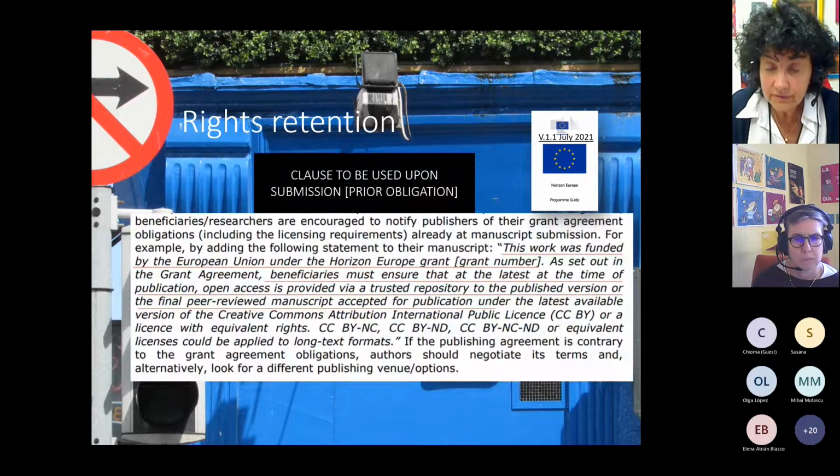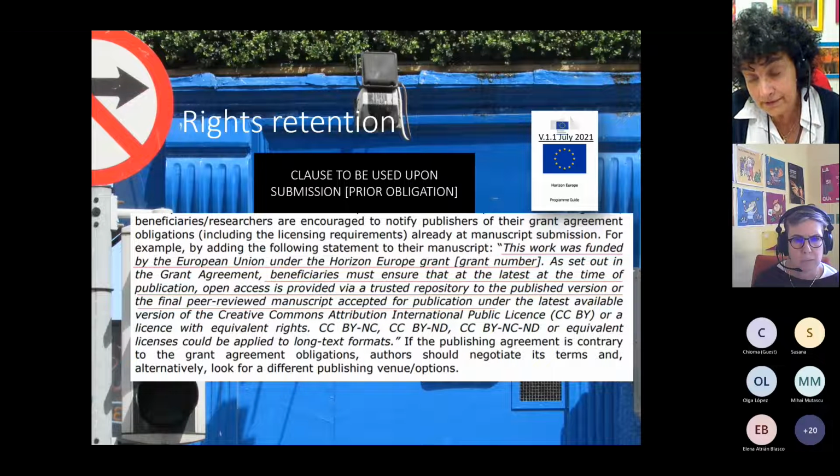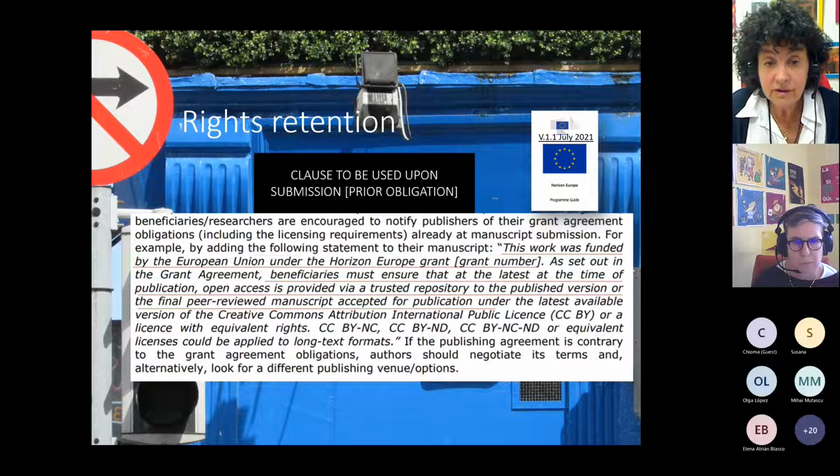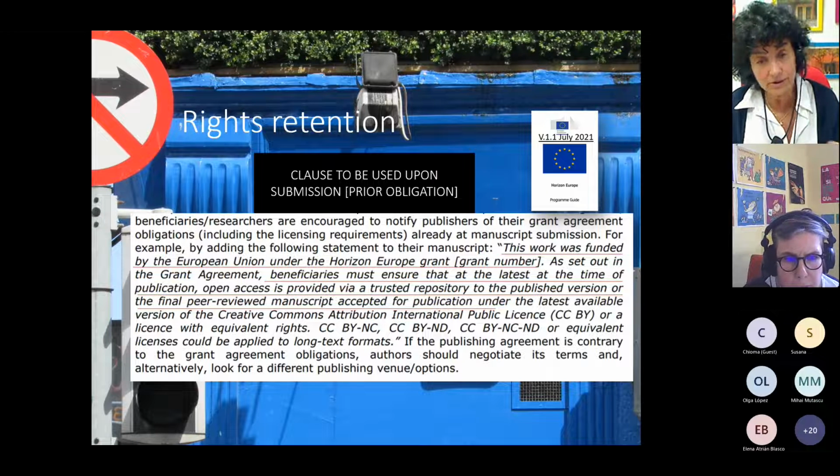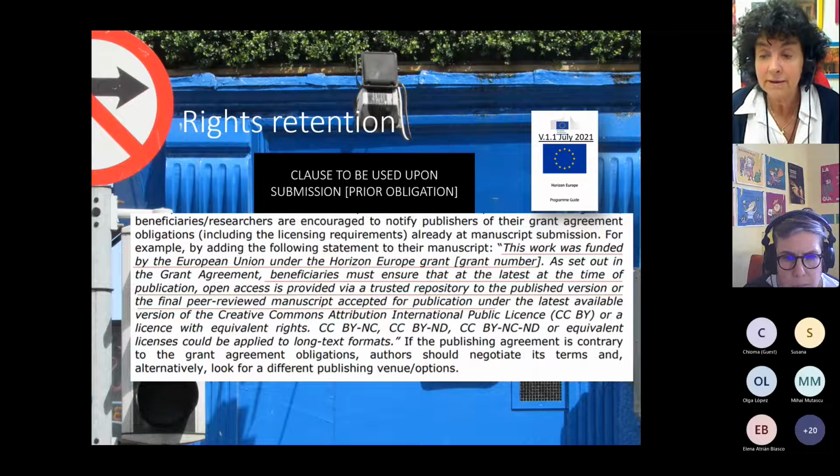The clause that you have to use if you publish with a traditional publisher is in the program guide, page 49, if I correctly recall it. So whenever you publish with a commercial publisher, we are going to see the three options in the next slides, you have to add this clause.